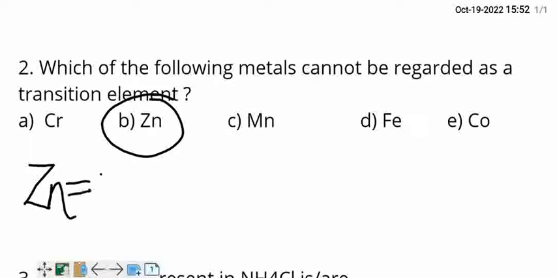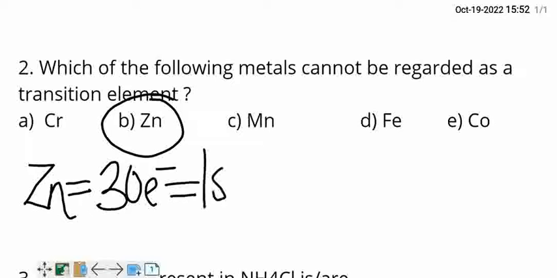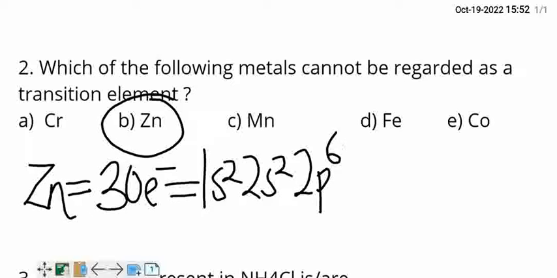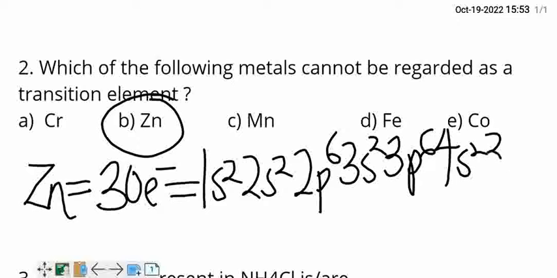We know that zinc has 30 electrons. If you arrange this into orbitals, we have 1s2, 2s2, 2p6, 3s2, 3p6, 4s2, and then 3d10. This is the electronic configuration of zinc.